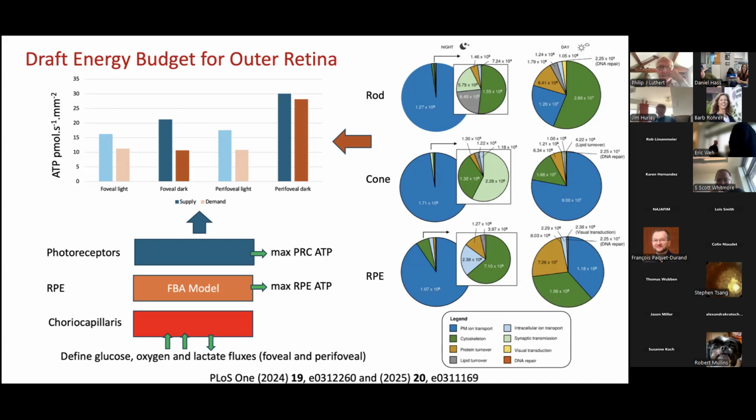So these were set from experimental data, and the budget is given in this cartoon, and supply is in blue, and the reddy brown is demand. And you can see the way it fell out was supply exceeded demand, but only just, where rod density is high in the dark. So it's kind of ballpark makes sense. And I think the challenge now is to take this forward in a more refined way.